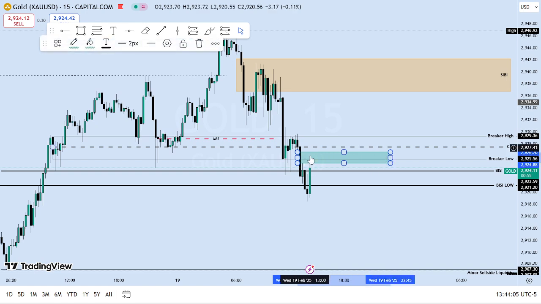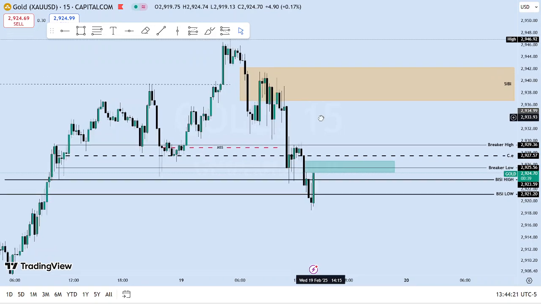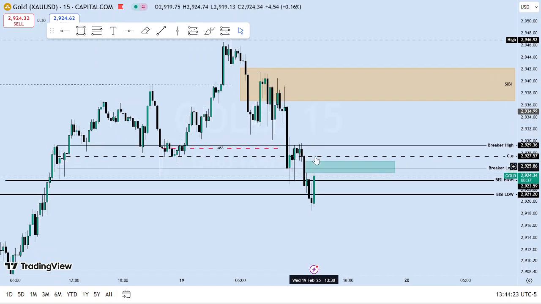Then if price breaks above it, it will act as an inversion. Until price breaks above it, it's still acting as a resistance.